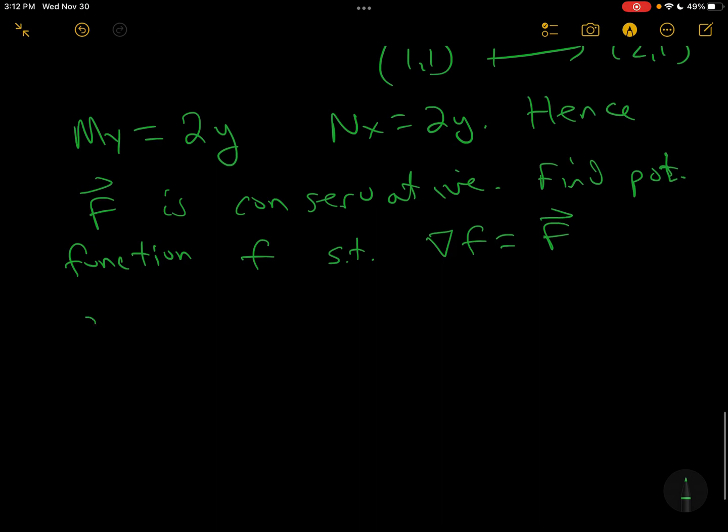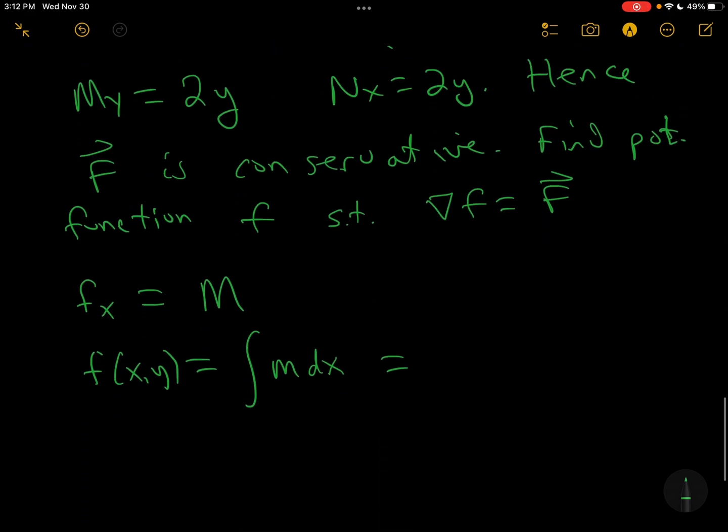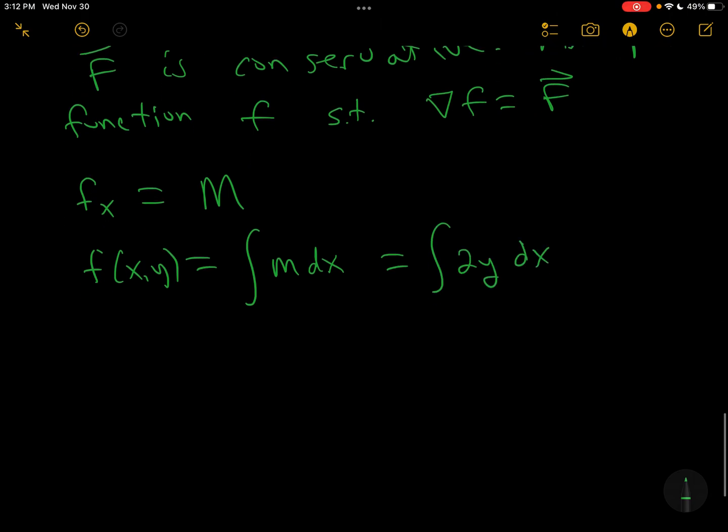All right, so we know that f sub x equals m. So that f is equal to the integral of m dx, which is the integral of 2y dx. And this is 2xy plus a constant in terms of y, right?